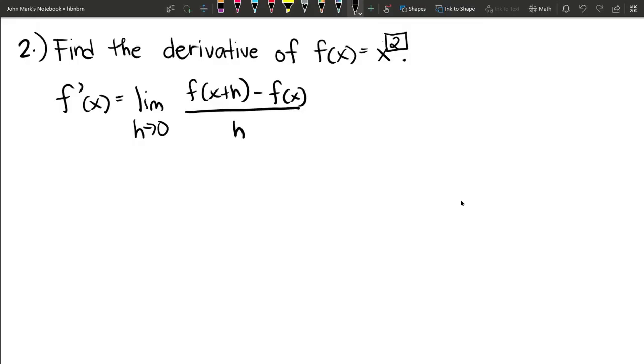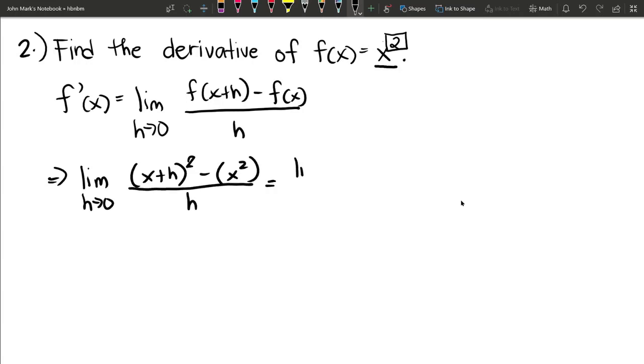So, let's now solve. We have the limit as h approaches 0. So, yung f of x plus h natin, yung f of x which is x squared. So, palitan mo x ng x plus h, then squared, minus the f of x which is x squared, all over h. Next, we have the limit as h approaches 0.